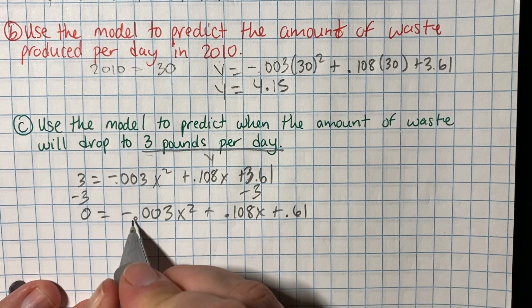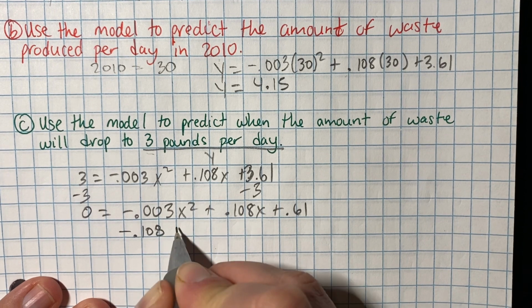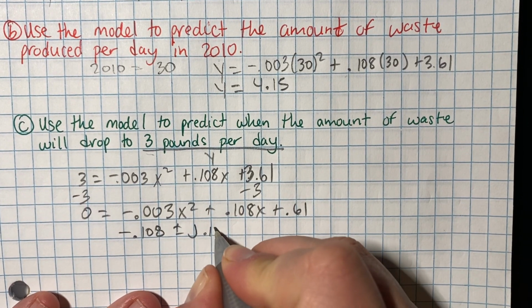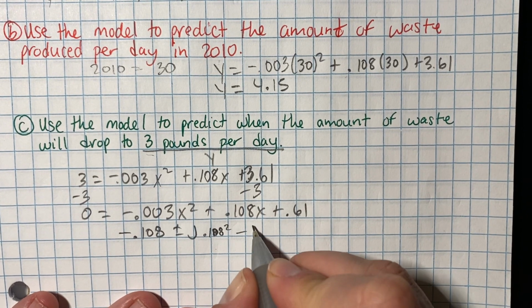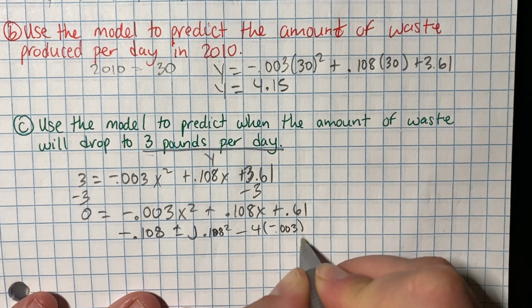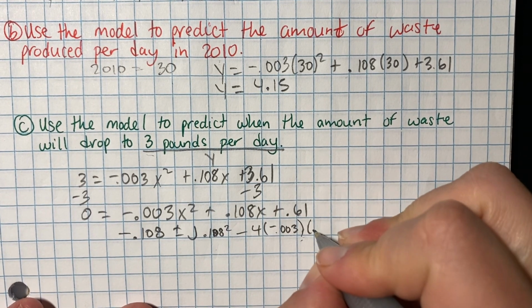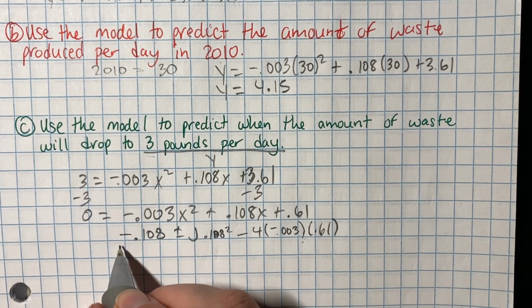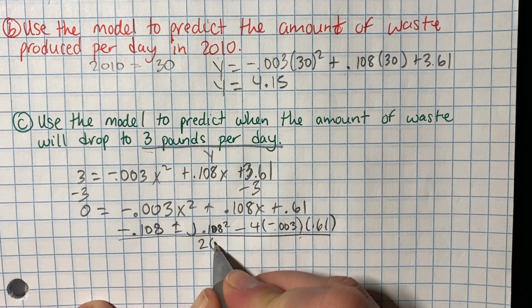So we will have -b plus or minus the square root of b squared, 0.108 squared, minus 4 times a times c, all over 2 times a.